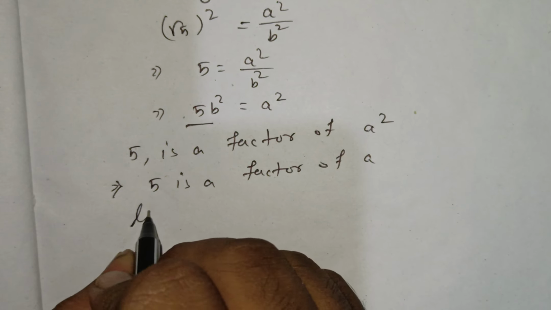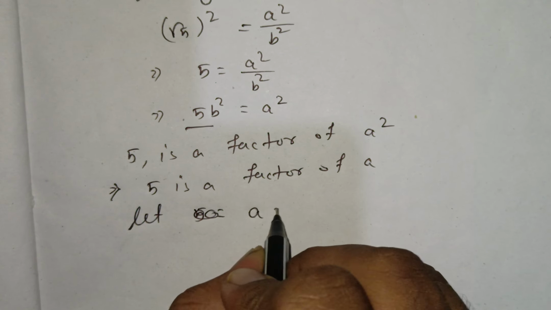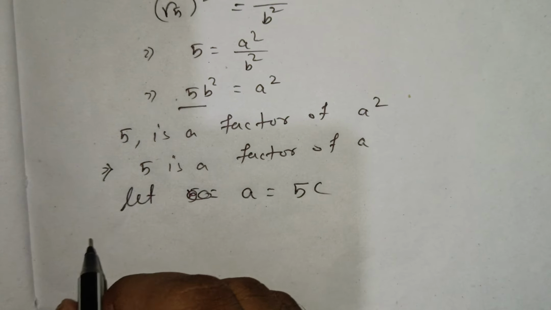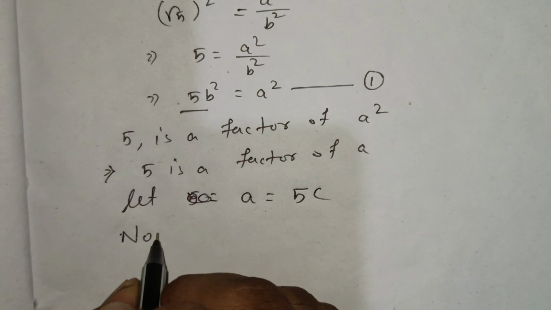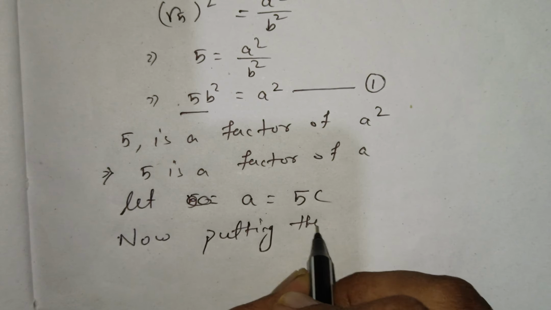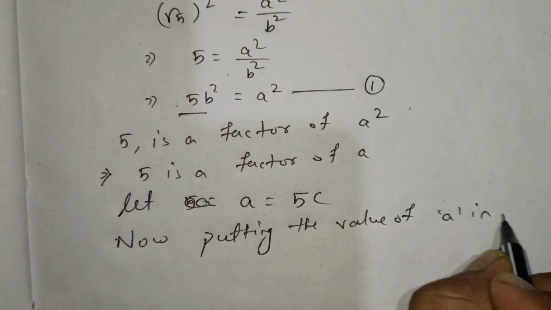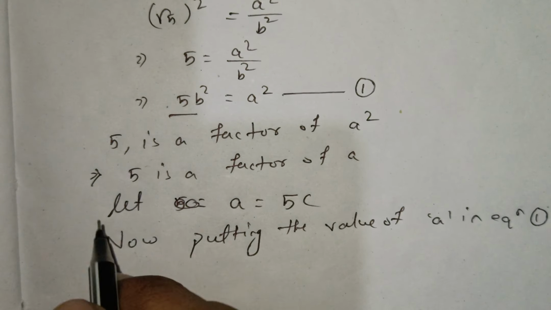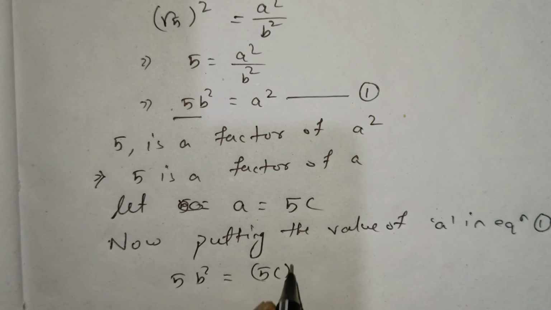Similarly, let us consider that a is some multiple of 5. Let a be equal to 5c. Let us put this as equation 1. Now putting the value of a in equation 1, we get 5b square is equal to 5c whole square.